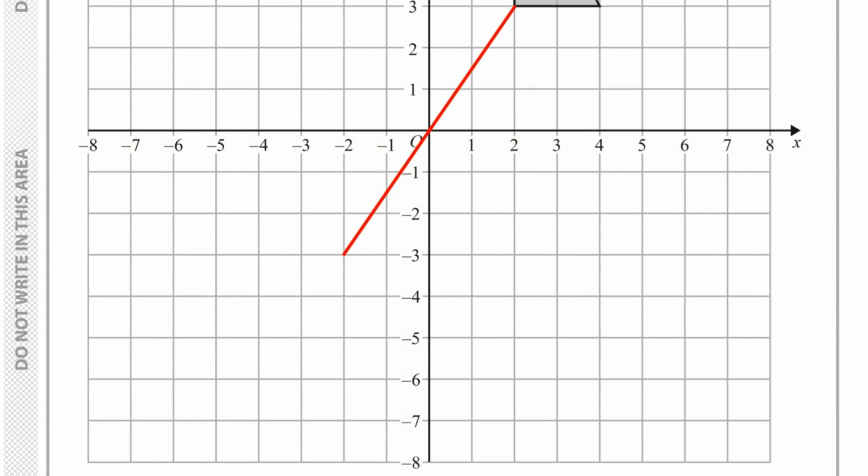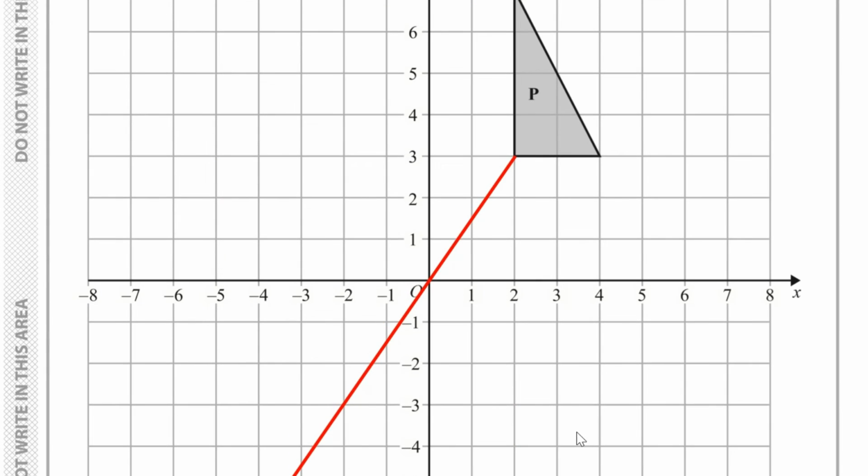So let's just extend this line. We've got something looking like this over here. Now, if we consider this point here, we're going 4 across and 3 up.